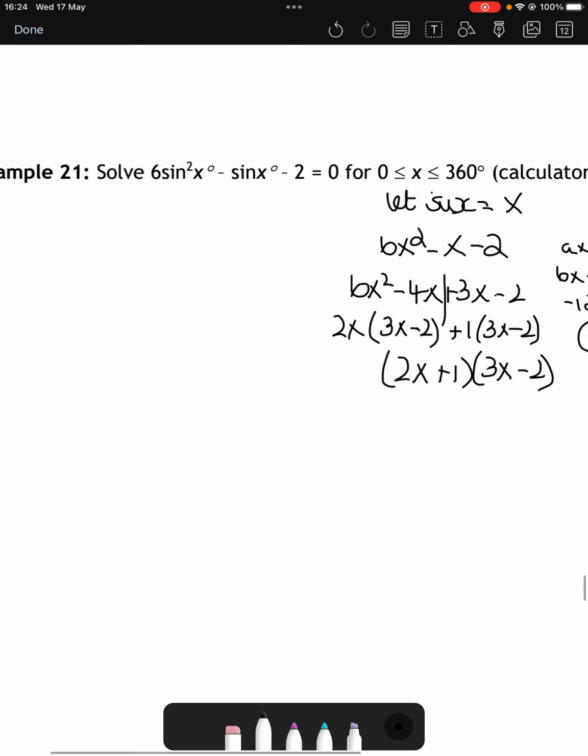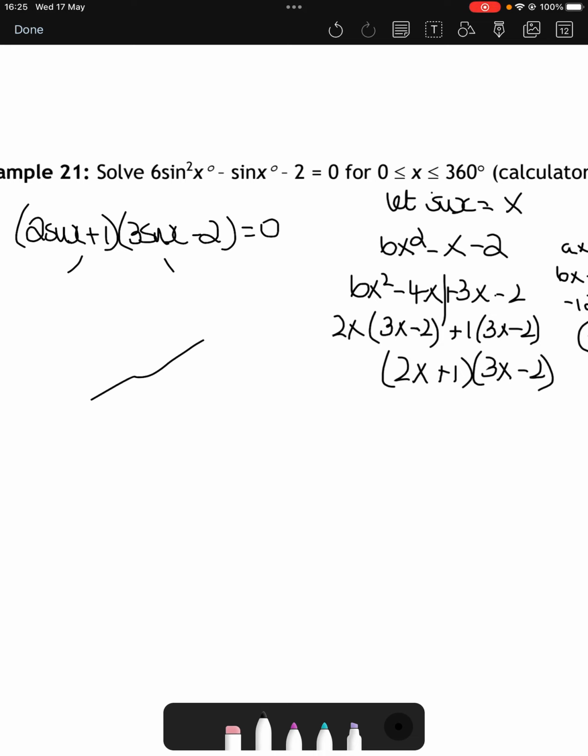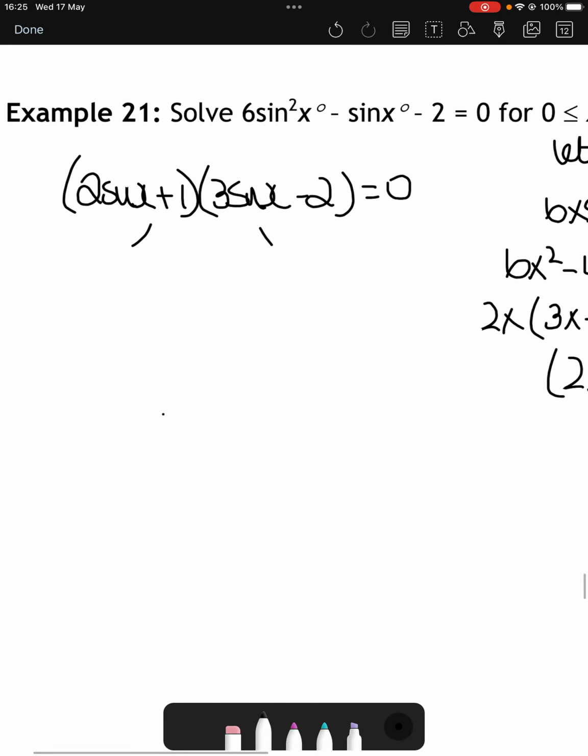When we sub that back in, we put our sine x's back in. So 2 sine x plus 1 and 3 sine x minus 2 is 0. Bring them down, with a wee bit of rearranging.